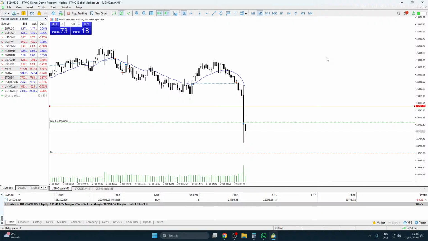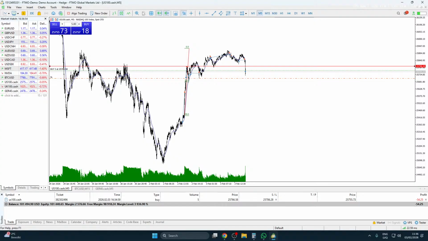The idea behind it is, is yesterday's momentum not going to continue at least a little bit?